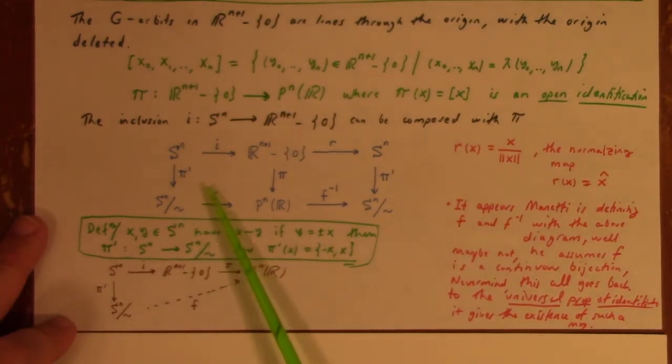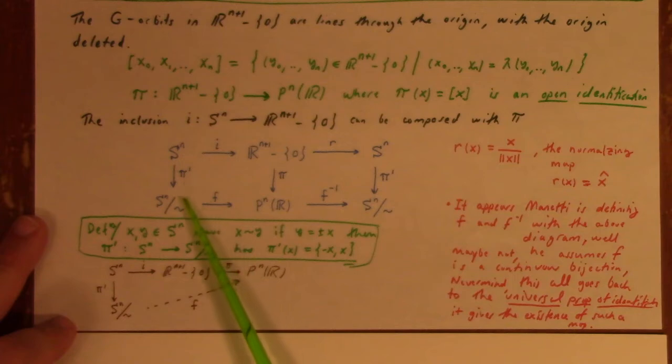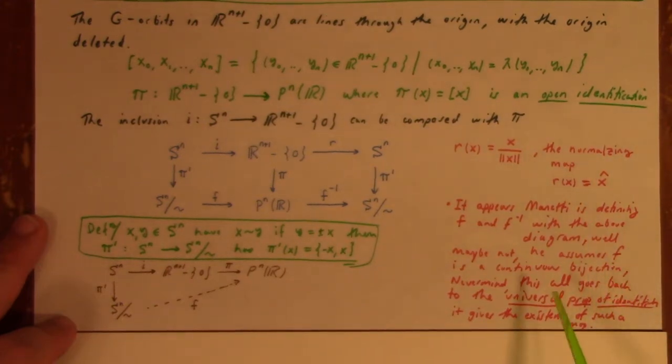So that's what this pi prime is here, and this is a commuting diagram, I believe, although I haven't defined what f is. He just says, suppose f is an open continuous bijection.